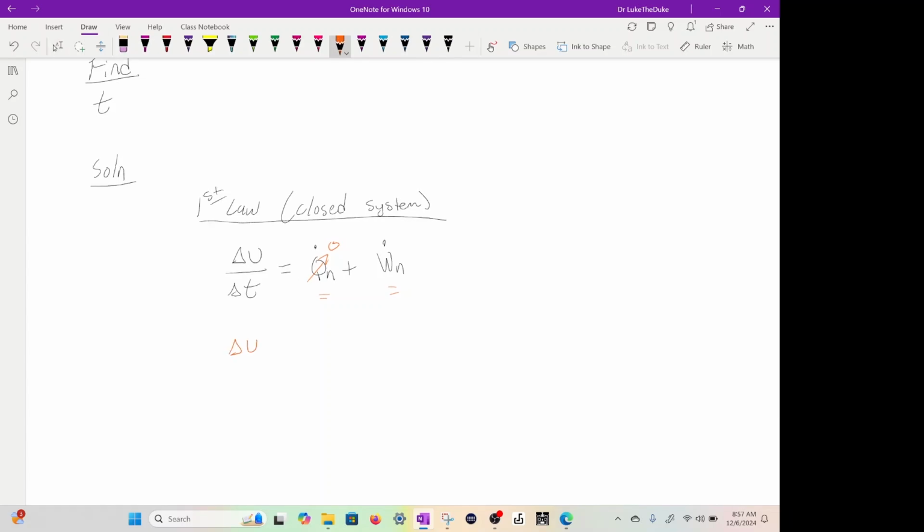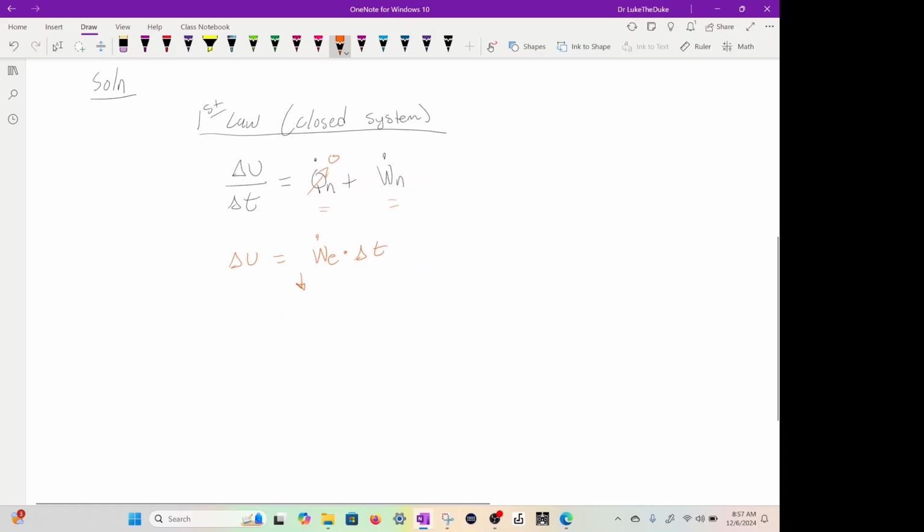So we get delta U equals W dot E times delta t. I just multiplied it over, because I want to solve for delta t. Delta t is equal to delta U over W dot E, our electric power in.